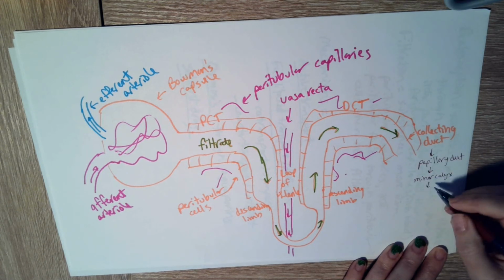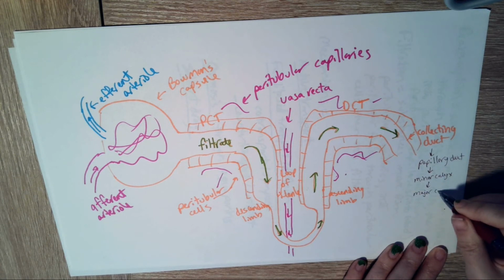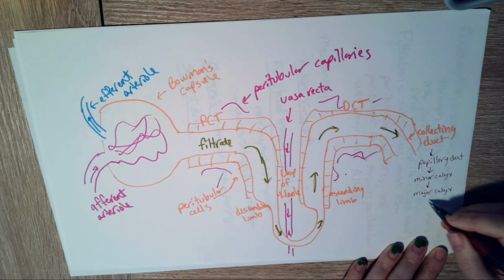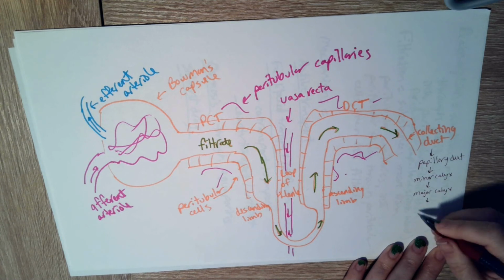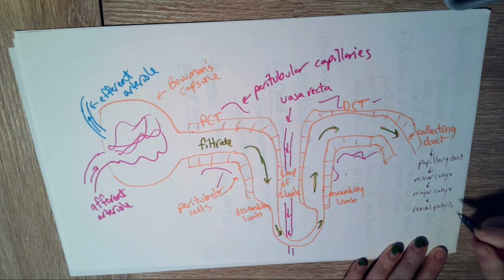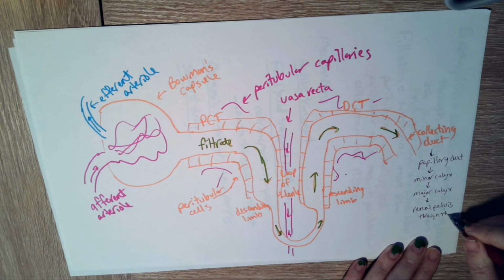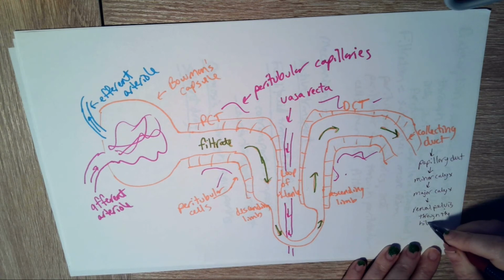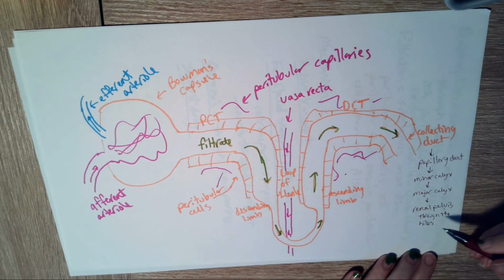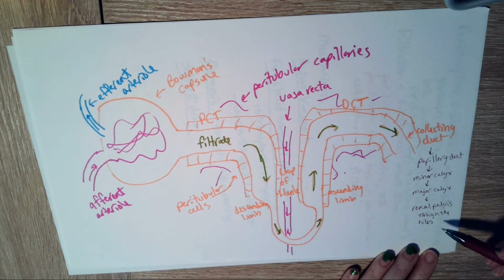When you have a few of these minor calyces flowing together, they form a major calyx, and a couple of major calyces coming together form the renal pelvis. And the renal pelvis goes out through the hilus of the kidney, which is the entrance to the kidney, the door, if you think of it that way, where the renal pelvis is going out, the renal vein is going out, and the renal artery is going in.